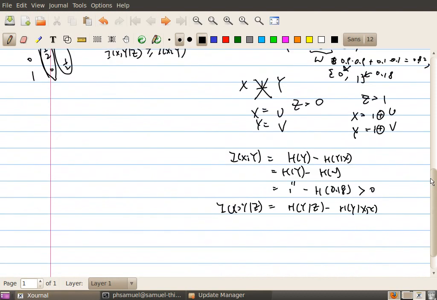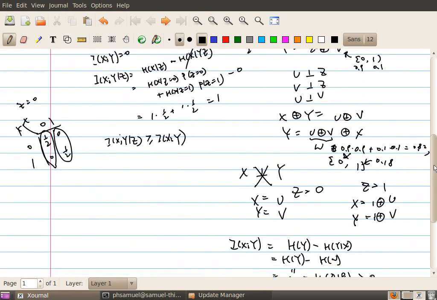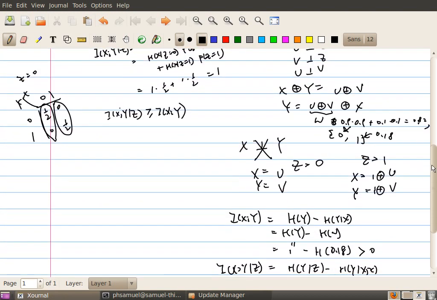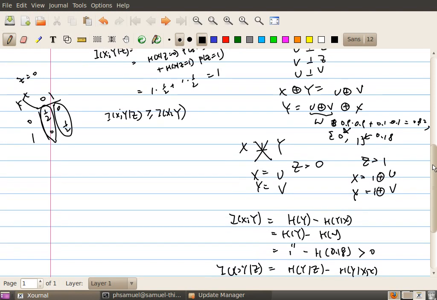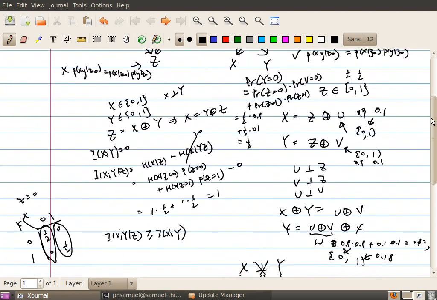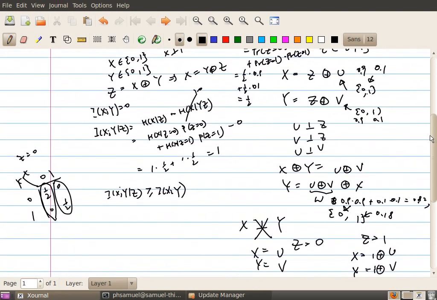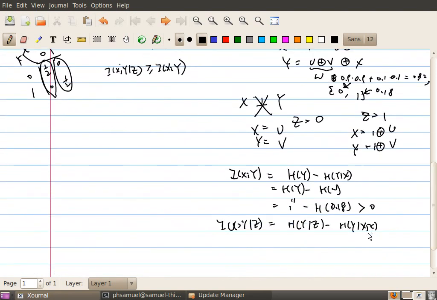What we have is that y is equal to z plus v at the beginning, and v is independent of z.